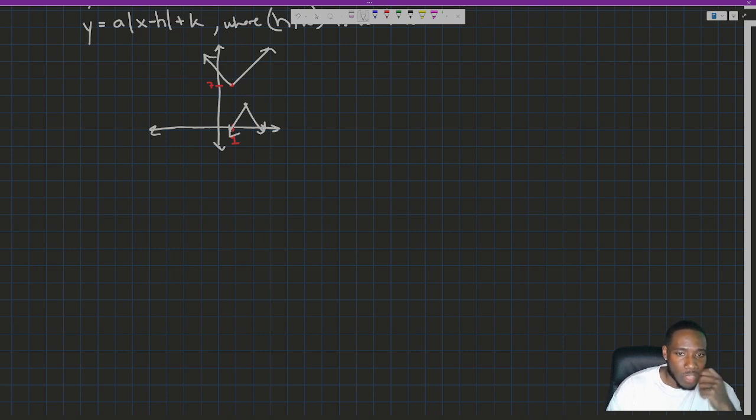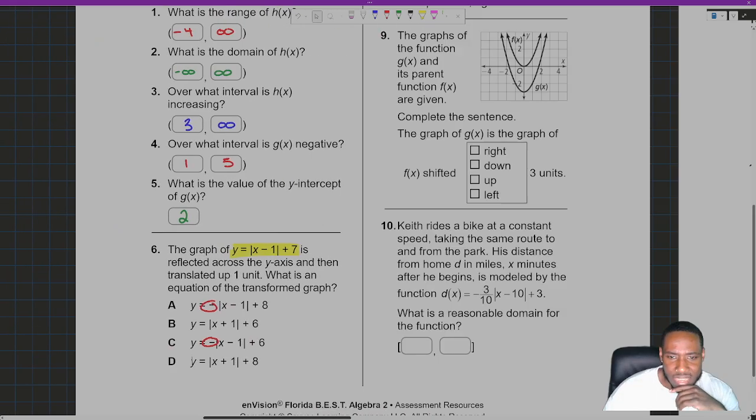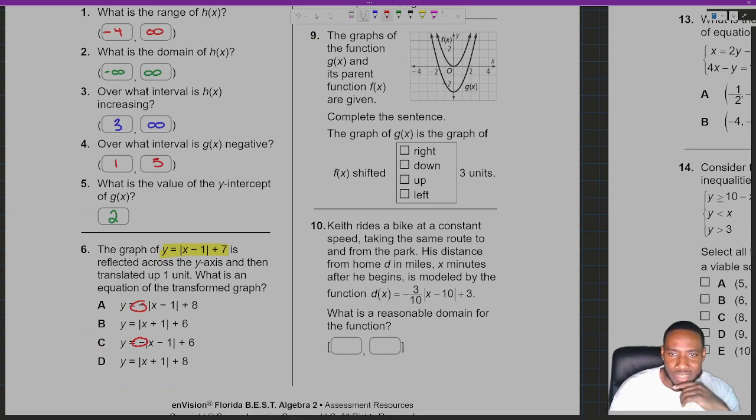Okay? So because that does not work for us, we're going to go ahead and say that A and C are not answer choices. That makes sense for us. Which leaves us with two options, B and D.